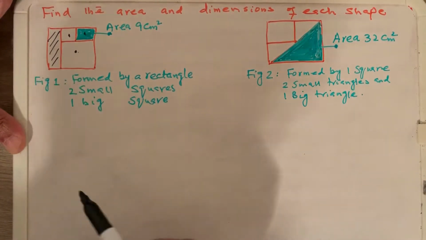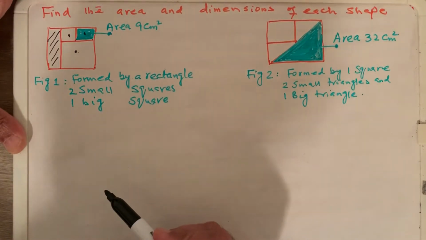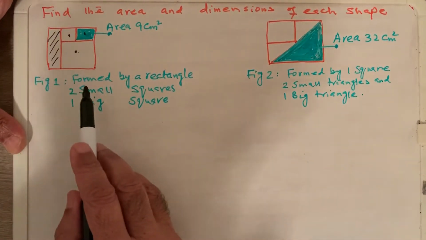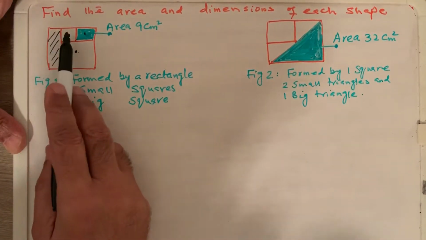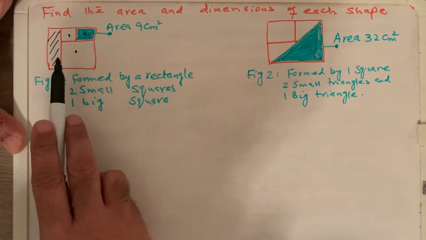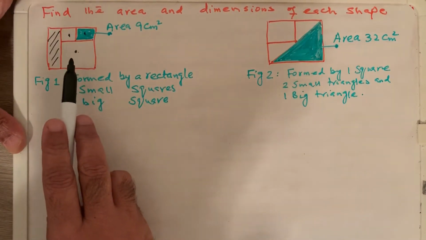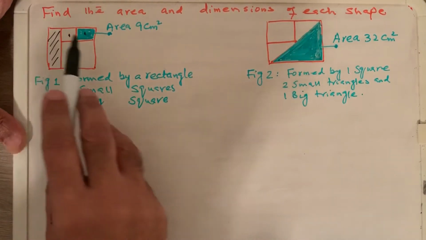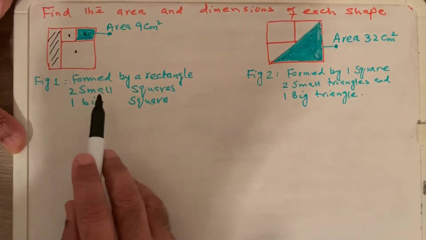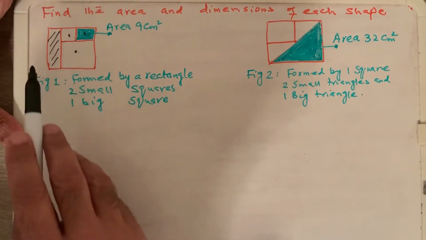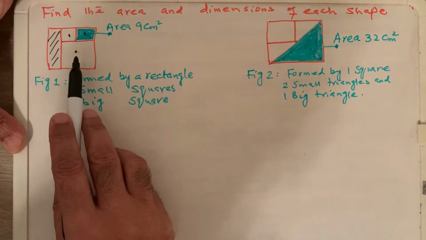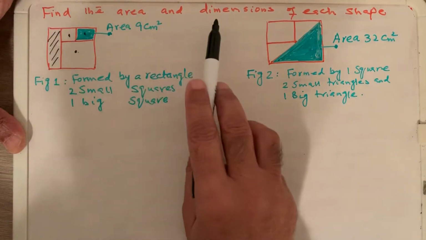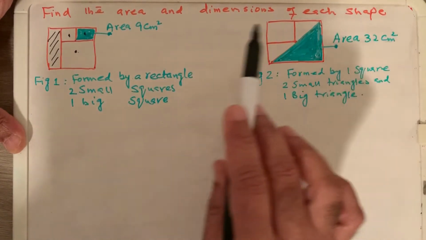So the question is saying that this figure is formed by a rectangle, two small squares, and one big square. We have to calculate all of these areas: the complete area of this figure, the two small squares, the rectangle, and the big square. Because the question says find the area and dimensions of each shape.